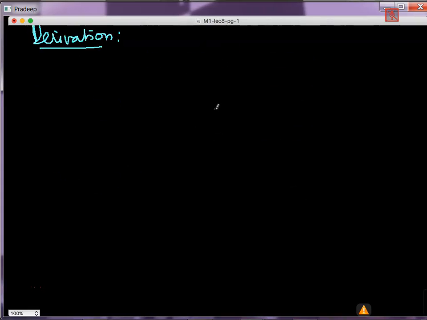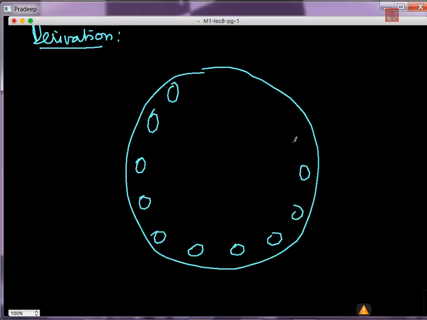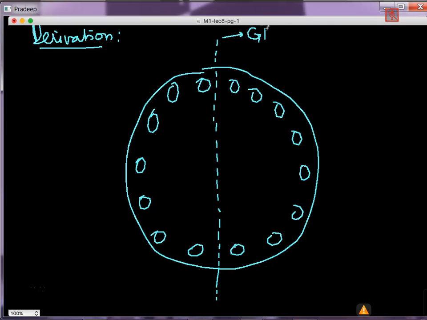So that is, you have this armature, and then I can just show the conductors like this. Then I can have a vertical line like this. This is the geometrically neutral axis.